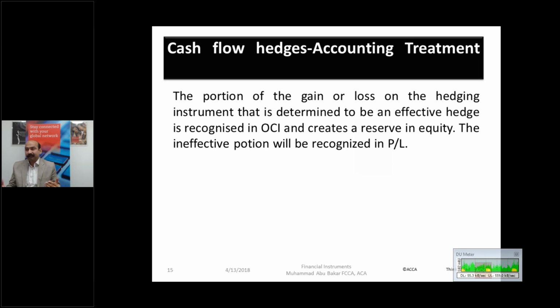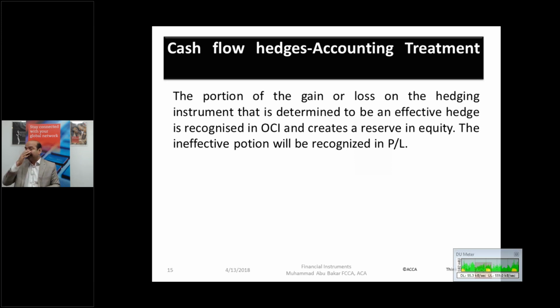Their direction is the same. If you just see that, most of the time you will find that both markets move in the same direction. If a commodity price is increasing in the open market, you will find that the price of that commodity futures will also increase in the futures market. So they will move in the same direction, but not necessarily by the same percentage, or if we talk in absolute terms by the same amount, but their direction will be the same.